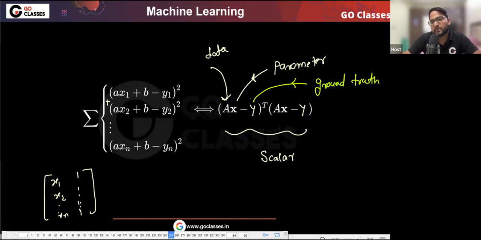So you have this particular scalar quantity, and you want to minimize it with respect to what? Can you tell me? With respect to a and b, right? A and b are within x, which is a and b. So you want to minimize this with respect to x. Is this understood?